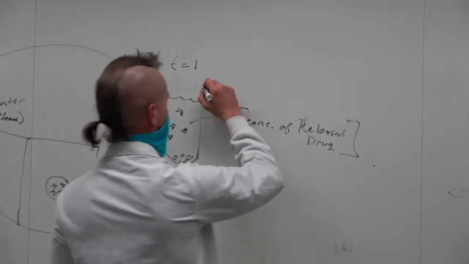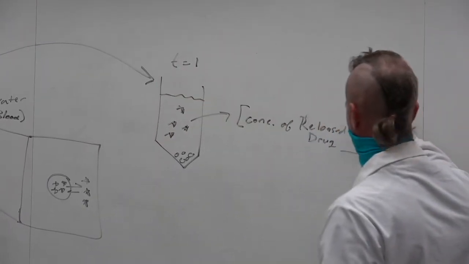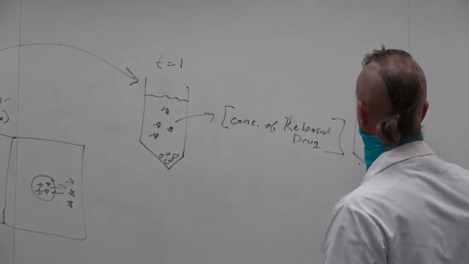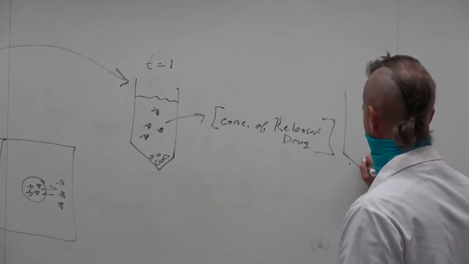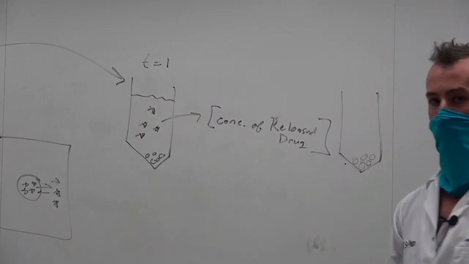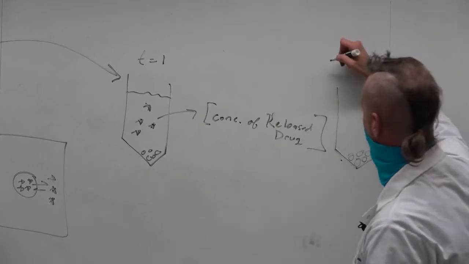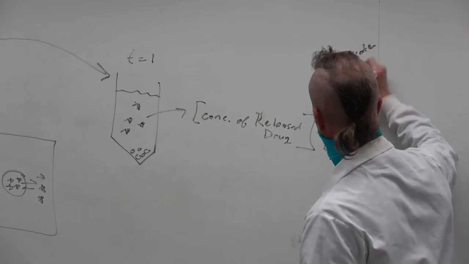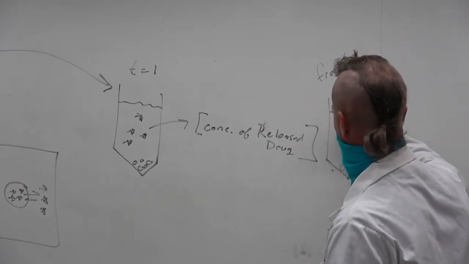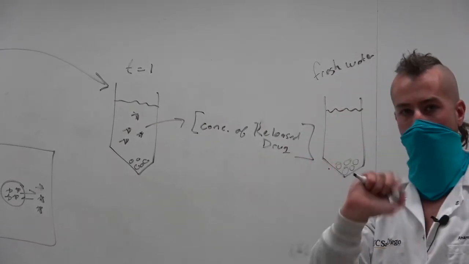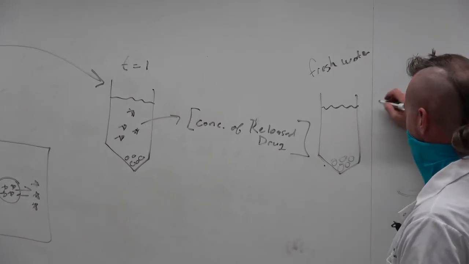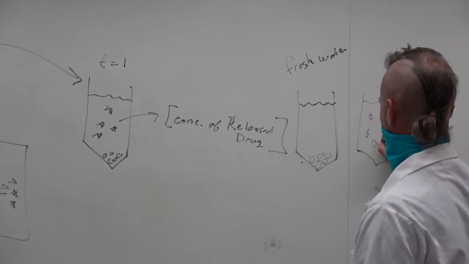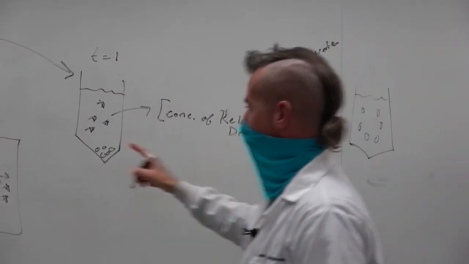Then we're going to take this solvent off, right? So right now we're just going to have particles at the bottom of the tube. We're going to add fresh water. Shake it up. And now we're back to where we are here.